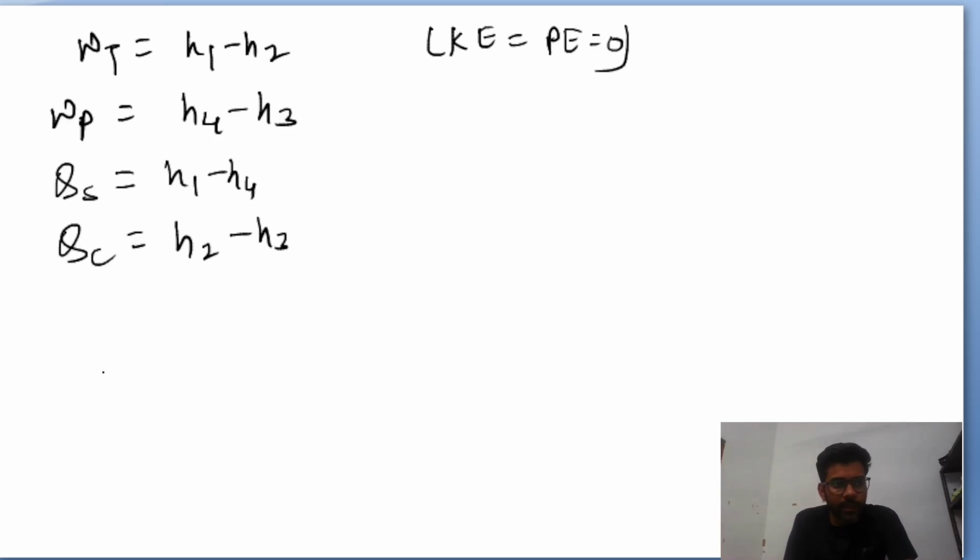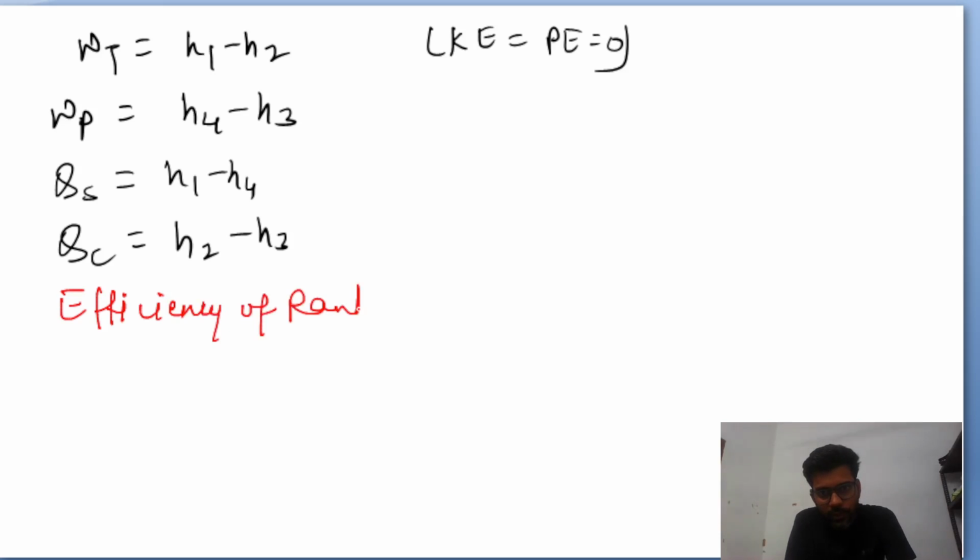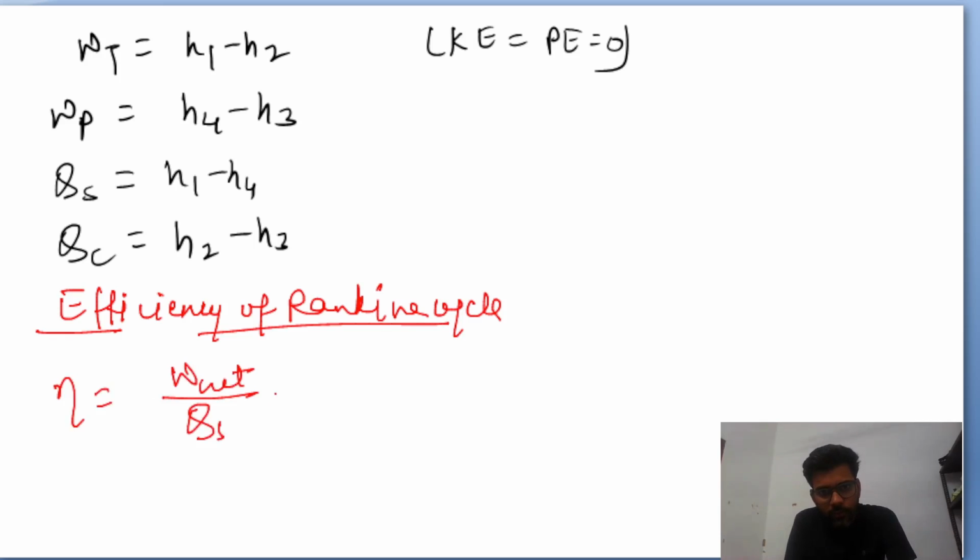Now the efficiency of the Rankine cycle is the net work on heat supplied, that is turbine work minus pump work on QS.